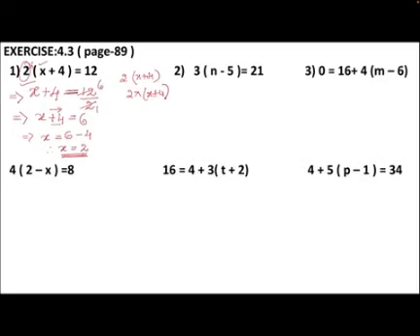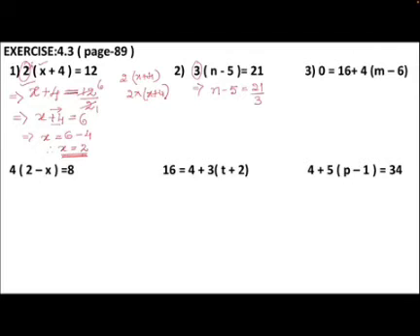In this case, 3 into (n - 5). I am shifting 3 first. So n - 5 is left on the LHS, and 21 by 3.